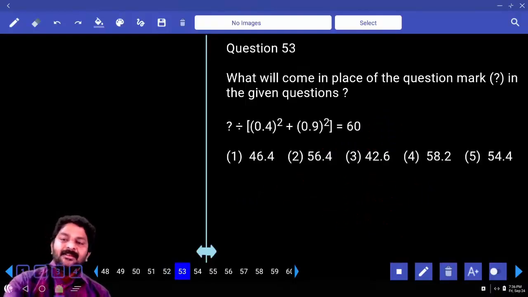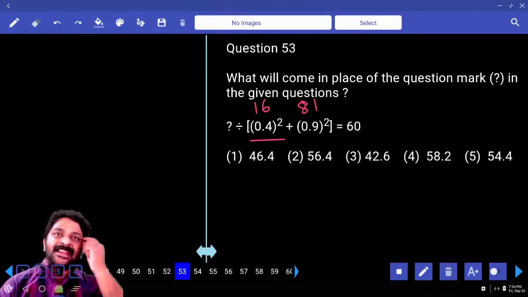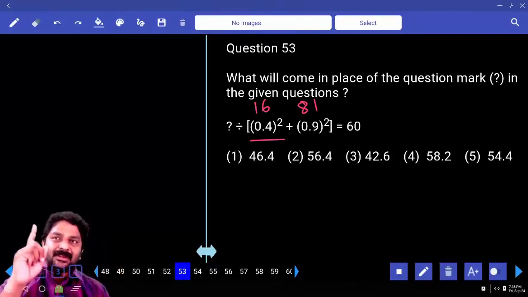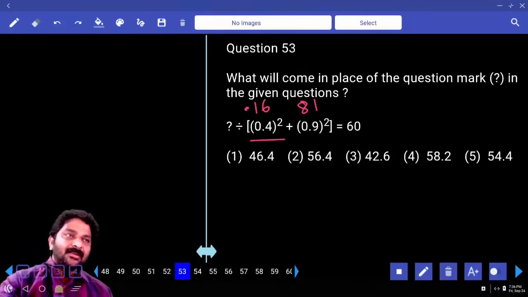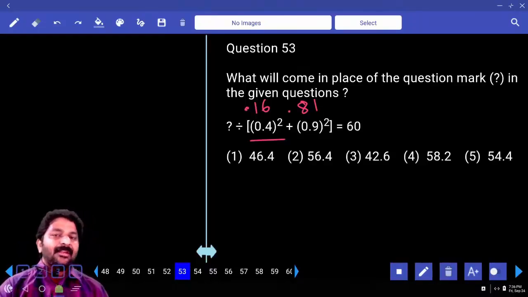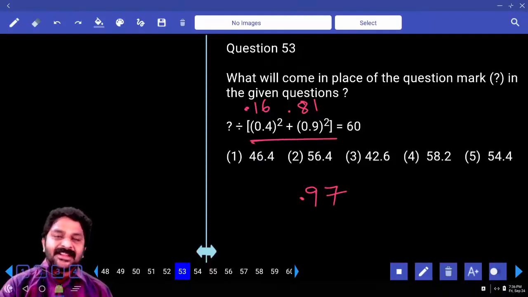Next. Forget about decimal for time being, we'll consider later. 4 square, 16. 9 square. Now if you consider decimal, original number is having only 1 digit after decimal. When you take square of it, you should get 2 digits after decimal. That means it is 0.16, 0.81. When you add both, 0.97. The entire value is in left hand side denominator.